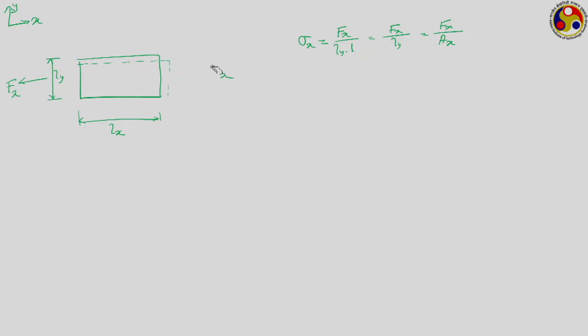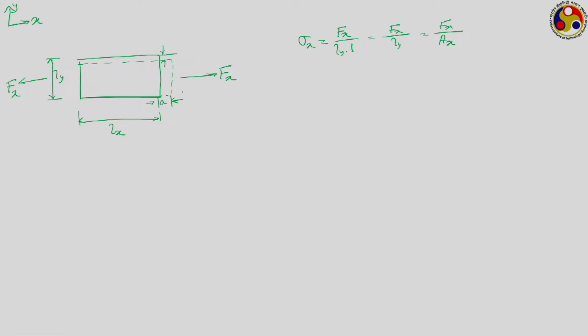To clarify the image, I am erasing this force F x for now. So, maybe something like this, let us say this is your F x. This is the increase in length in the x direction, whereas this represents the decrease in length in the y direction. Now, how much will be the increase in length?